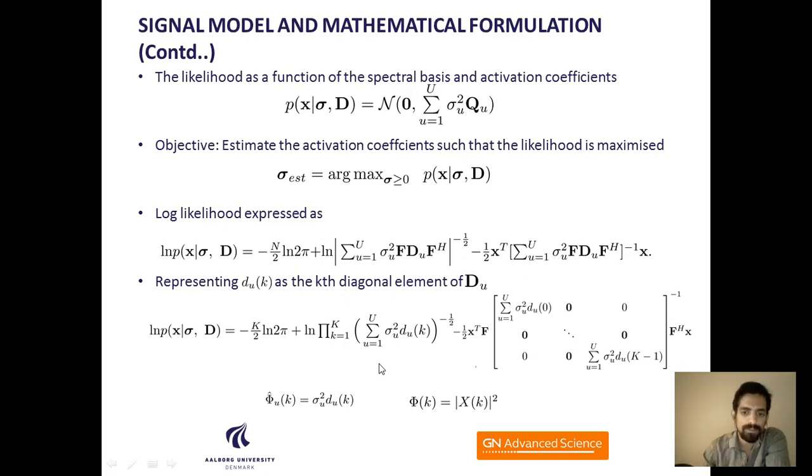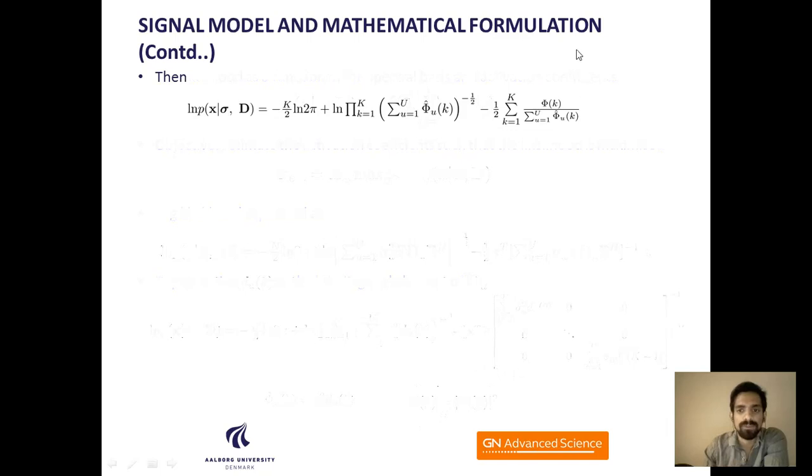And if we now represent the u-th component of the approximated spectrum at the kth frequency index as phi hat u of k, and if we then represent the noisy periodogram at the kth frequency index as phi of k, this equation can be rewritten as shown here.